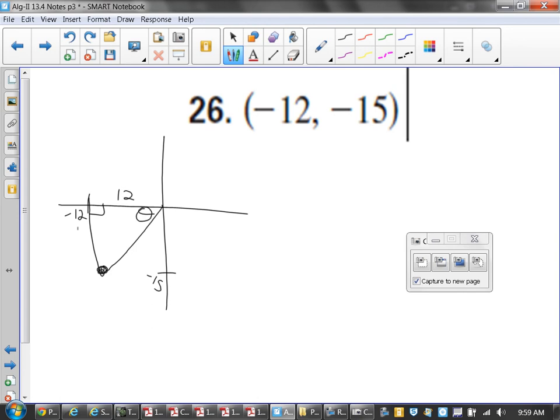And that would be 15, and then that would be whatever my hypotenuse is. This is going to be your R value. So you're using your x, y, and R, remember, R was the square root of x squared plus y squared. And then you get your 6 trig functions off of that. This is 13.3. That was when you had theta in standard position with the terminal side, things like that. Okay, so just a quick reminder on that one.